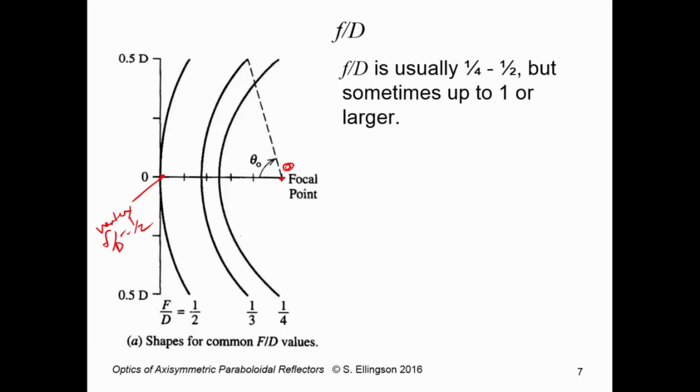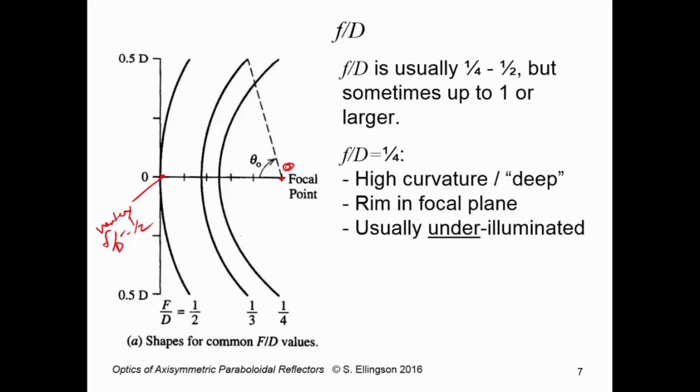And then what we're showing here is the different shapes that you get for different F over D ratios. So in other words, if you take D as an independent parameter and then you calculate the shape of the reflector for a given F over D, these are the shapes you get. So, for example, for F over D equals 1/4, well, that's this shape right here.